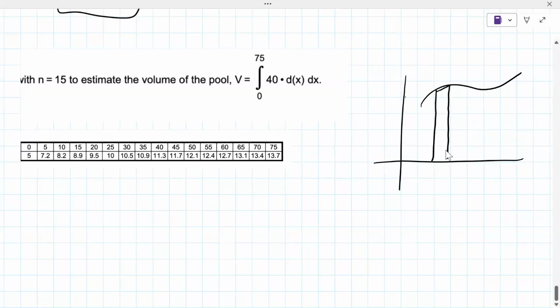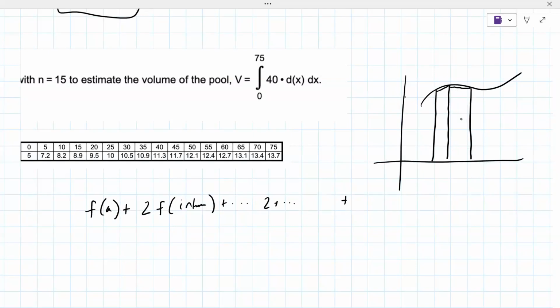What happens is you end up double counting the interior ones, because this middle vertical line is used both on the left trapezoid and the right trapezoid. So the formula for the trapezoid rule is basically f of a plus 2 times f of all the interior ones, but then at the end it's just 1 times the endpoint.